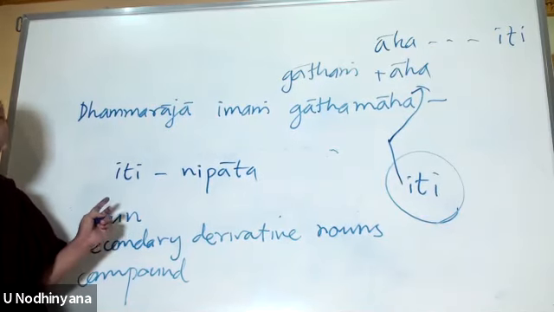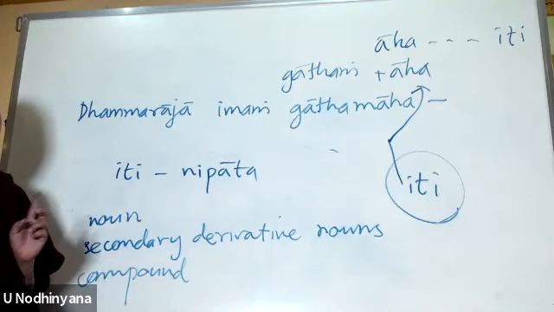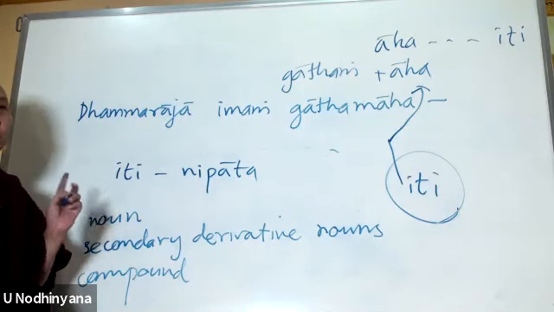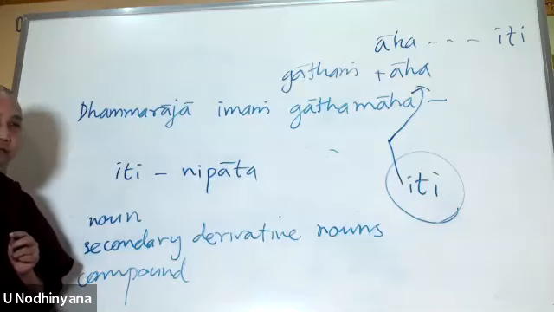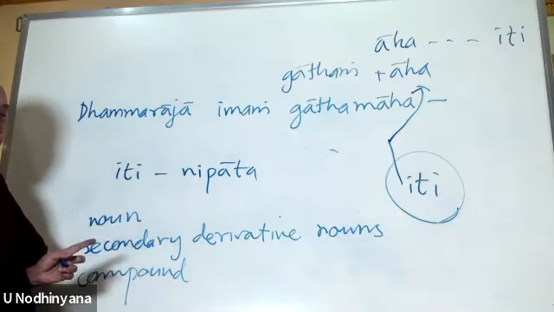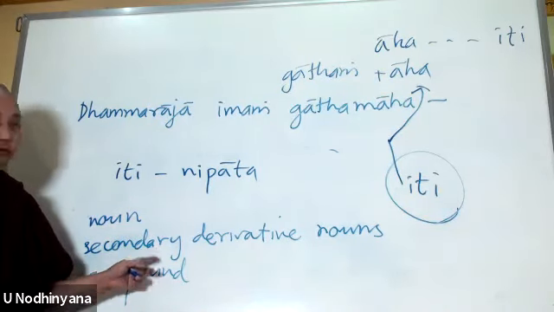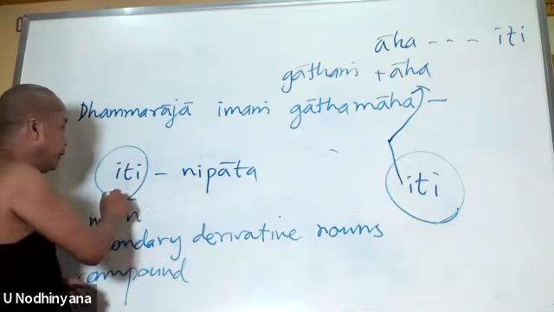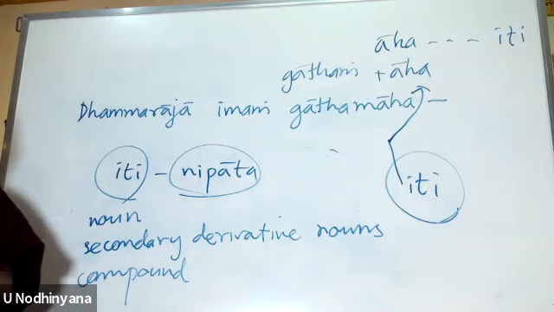These nouns are declinables. What is declining? For those who have studied Pali, declining is like Purisa, Purisa, and so on. If you can do this, it is called declinable. But this Iti is a Nipada. Nipada means indeclinable. You cannot decline it like Purisa.